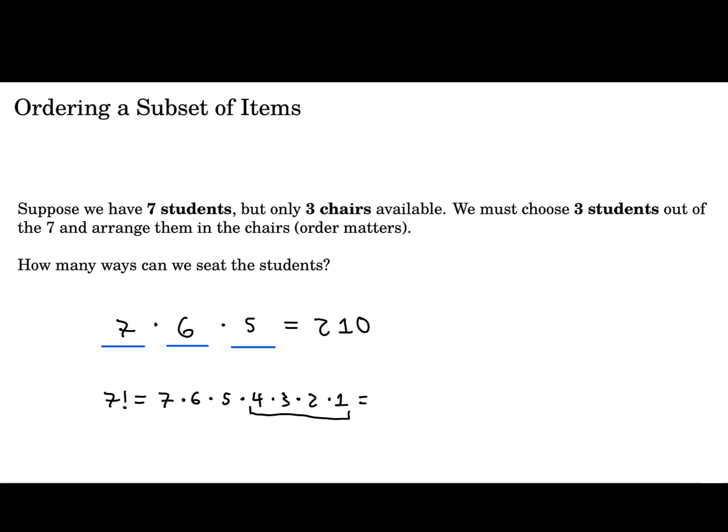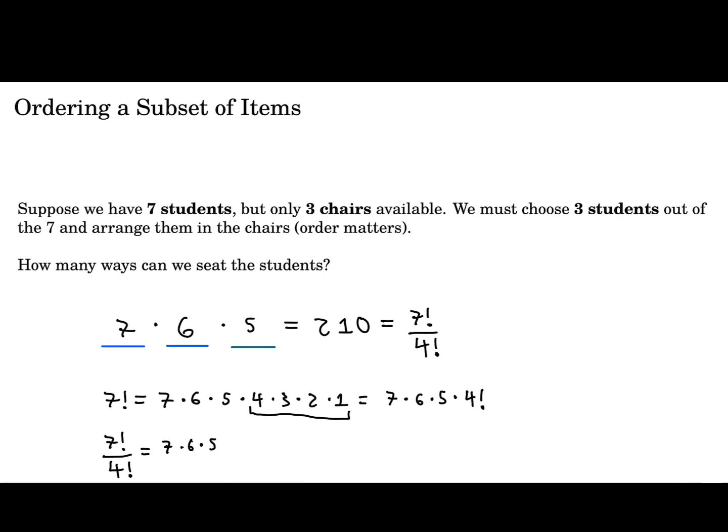So this is just 7 times 6 times 5 times 4 factorial. And so if you pass the 4 factorial over by dividing, you'll get that 7 factorial divided by 4 factorial is equal to 7 times 6 times 5. And that means that this formula on top here is actually the same as 7 factorial divided by 4 factorial.